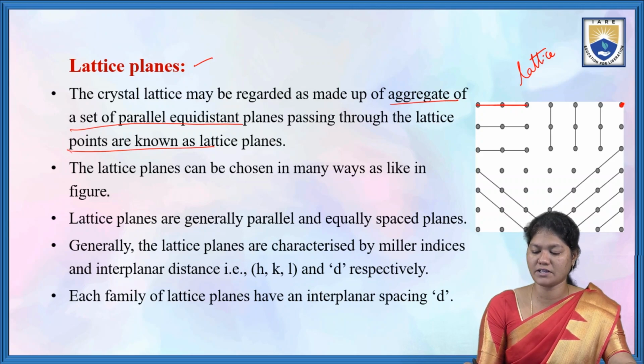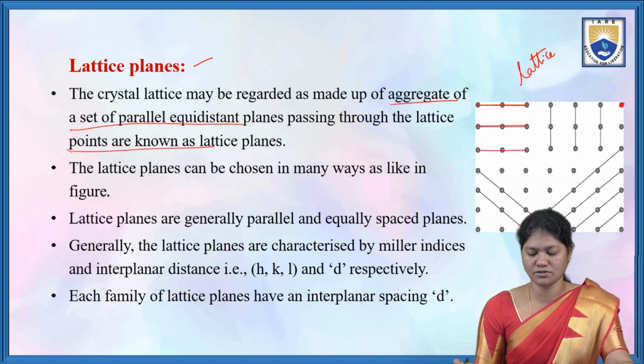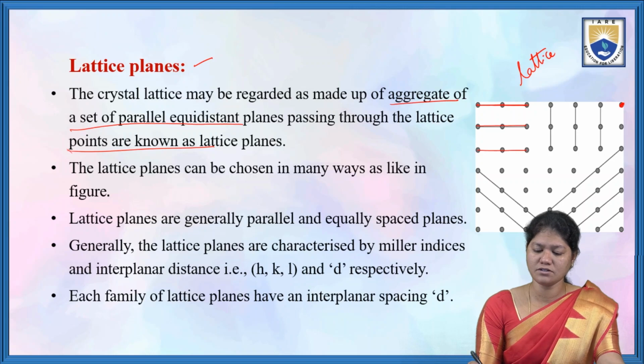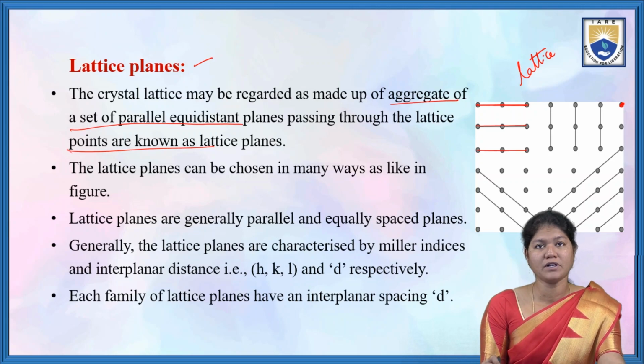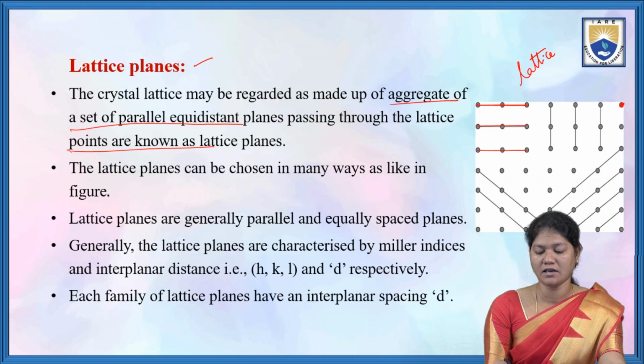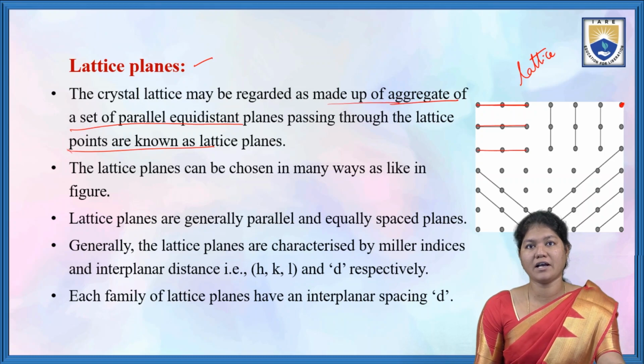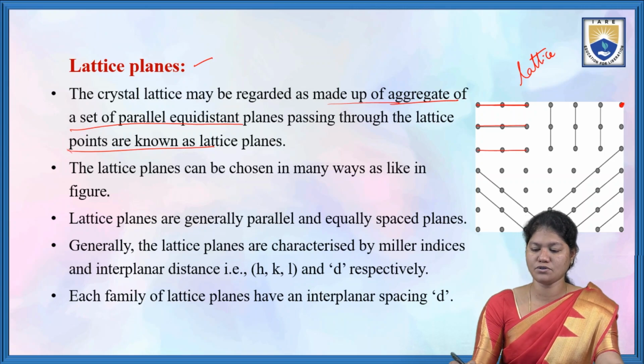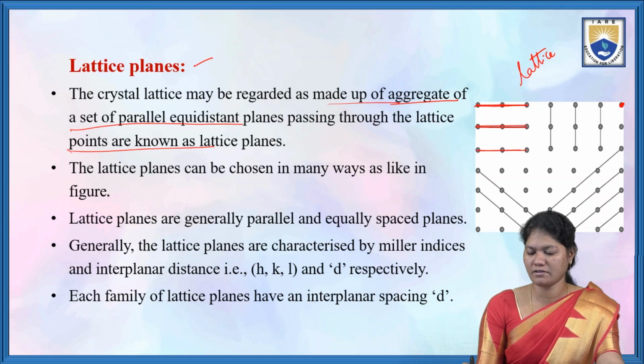Likewise, there are many planes passing through the lattice points in different directions. As in the definition, the crystal lattice may be regarded as made up of an aggregate of a set of parallel equidistant planes. This is one plane, and there is another plane.